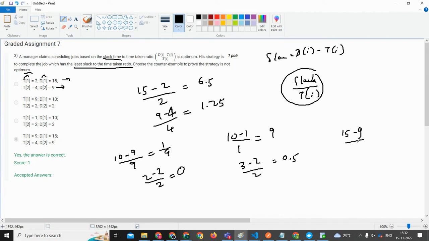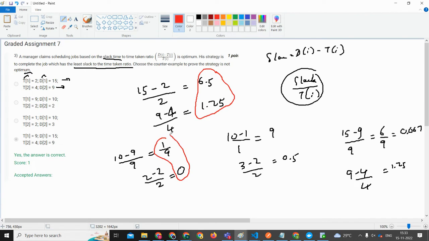Then 15 minus 9 divided by 9, it's 6 by 9, 0.667. Then 9 minus 4 divided by 4, 1.25.